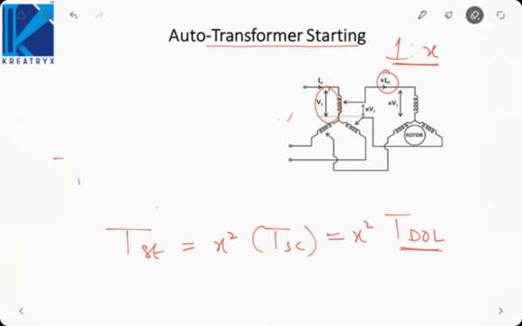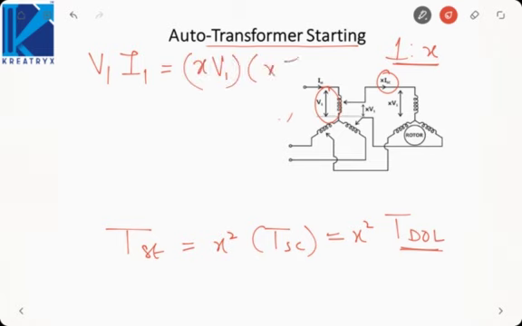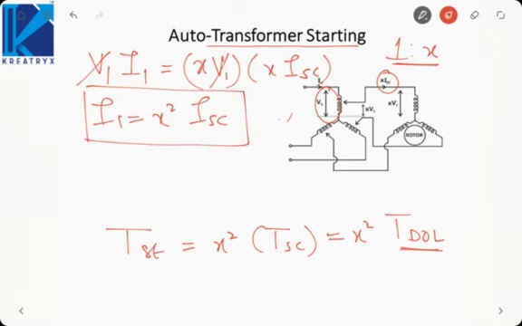We know the MVA on both sides of the transformer must be the same. The primary voltage is V1 and the current is I1. The secondary voltage is xV1 and the current is x into ISC. So I1 will be x square ISC. The advantage of auto transformer starting is that the current drawn from the supply becomes x square times. In the previous method the current became x times, but here it becomes x square times, where x is less than 1.